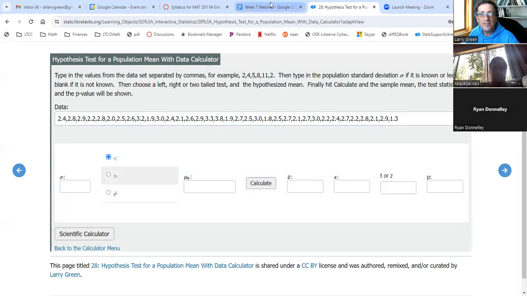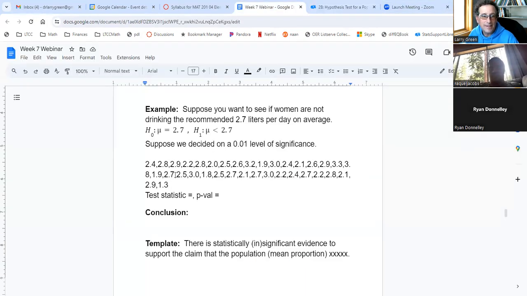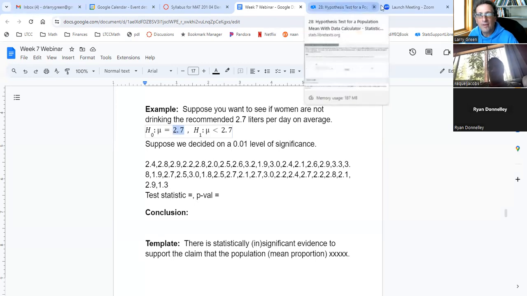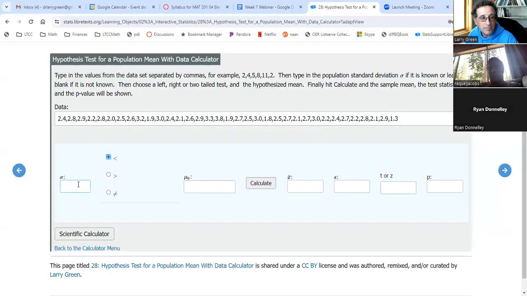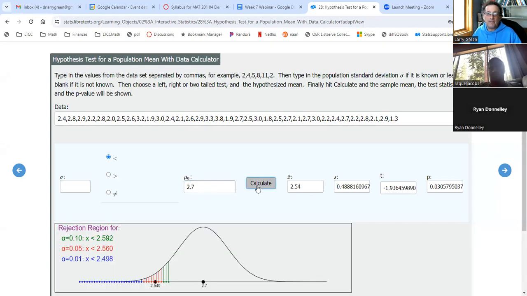Mu naught in this case was 2.7, because that's the mu equals in the H naught. So 2.7, and hit calculate. Any questions on this? Note, by the way, the important numbers are p-value 0.03.